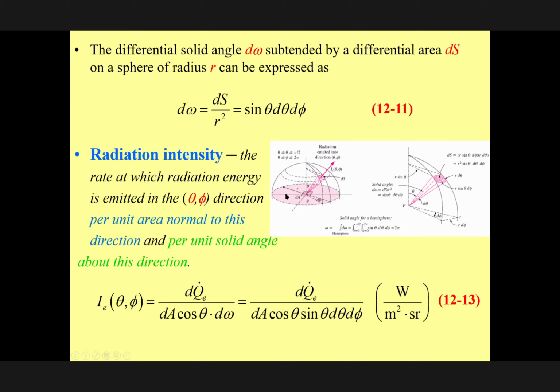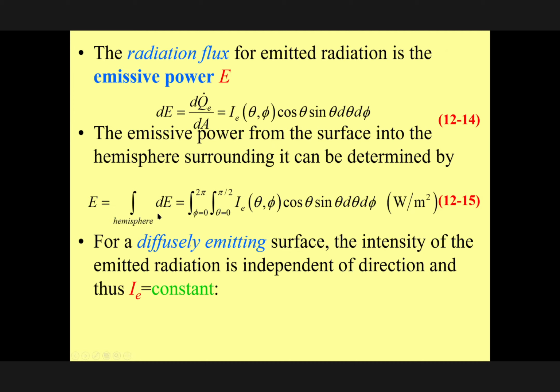If you do that, we get the total energy emitted by the surface. Since we're covering the complete range of the angle, it now gives us watt per square meter. It's not a function of unit angle. This is the total energy emitted by the surface.